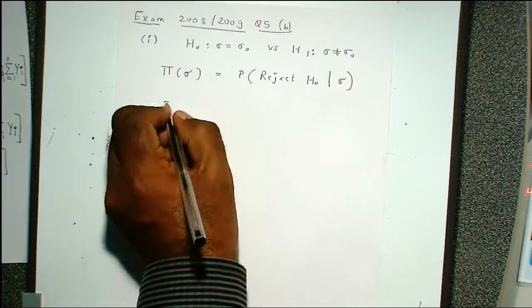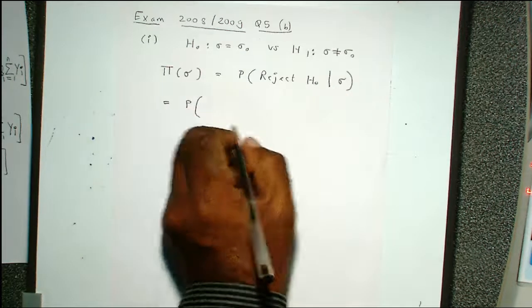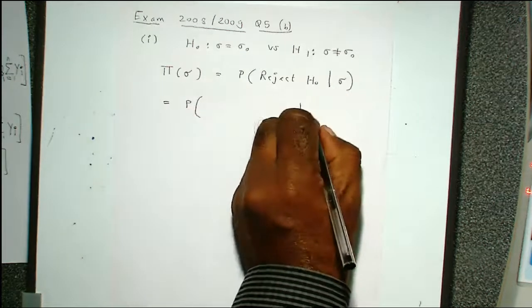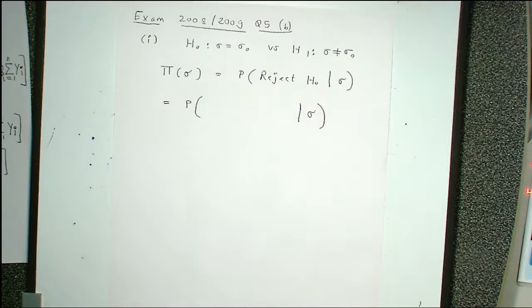And the first thing you must realize, in this case, what is the rejection rule in this case? You should look at the lecture notes, guys. If you look in the lecture notes, you will see for this hypothesis that sigma equal to this versus not equal to, these are the rejection rules.